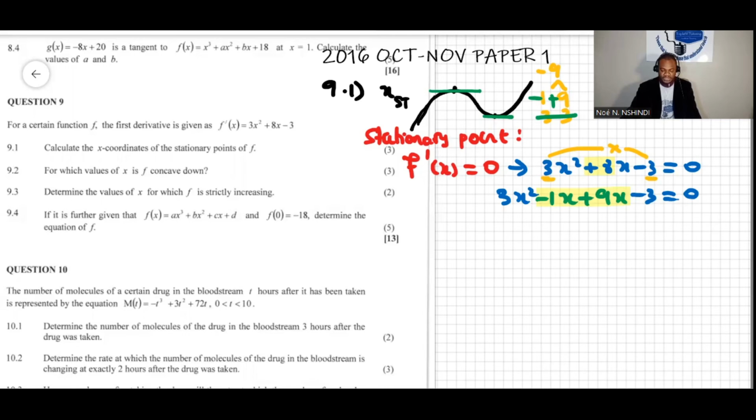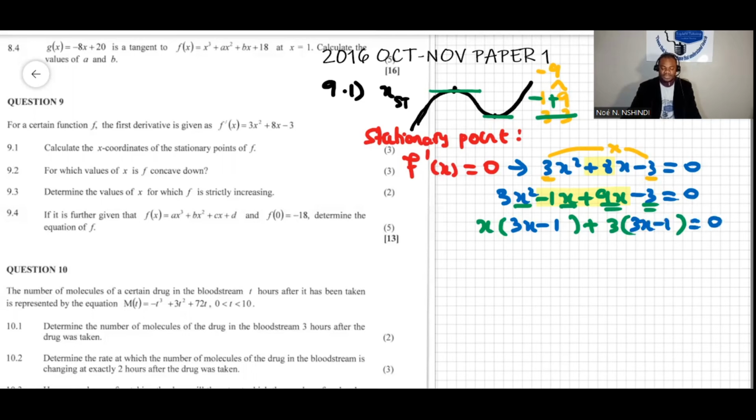Now I want to take x as a common factor over here, because that's the highest common factor, and I'm left with 3x minus 1. Over there also, I want to take 3, because that's the highest common factor. I take 3, and then this will be 3x minus 1 equal to 0.